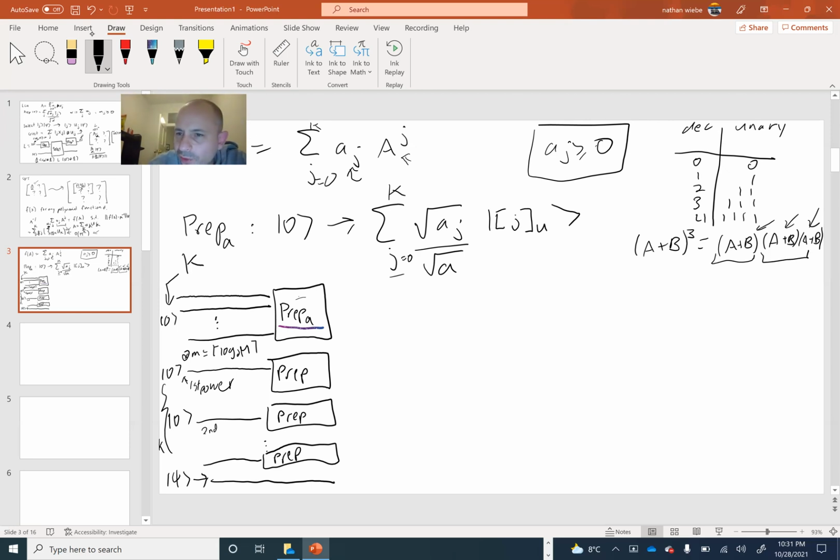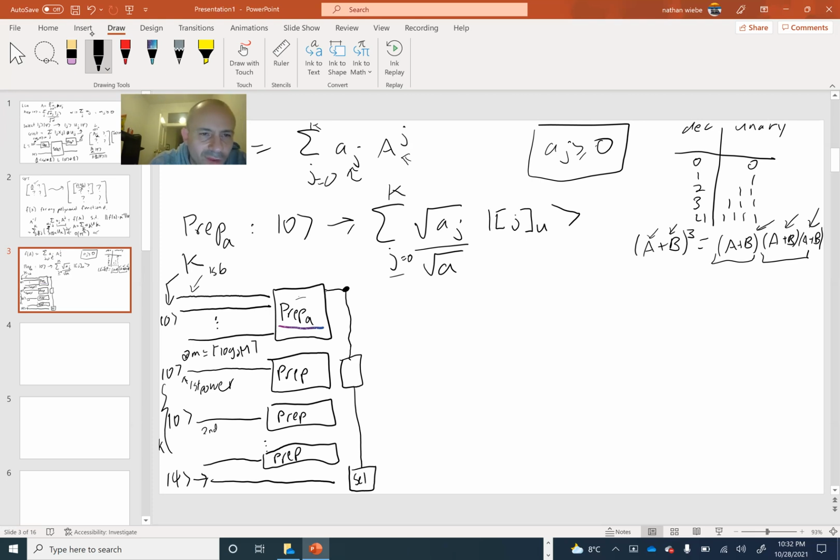Because of the nice feature of unary, if I take this one bit up here to the least significant bit, we can apply the select operation, i.e. selectively apply A or B to the state psi, by doing the following control logic. We will do a controlled version of the select circuit here.